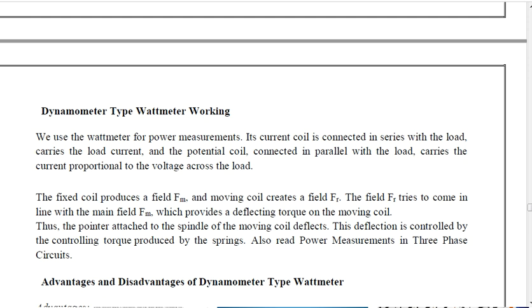The fixed coil produces a field FM and the moving coil creates a field FR. The field FR tries to come in line with the main field FM, which provides a deflecting torque to the moving coil. Thus, a pointer attached to the spindle of the moving coil deflects. This deflection is controlled by the controlling torque produced by the springs.